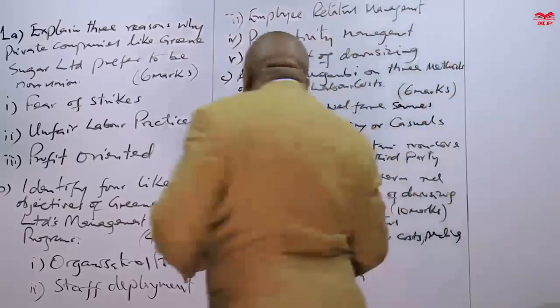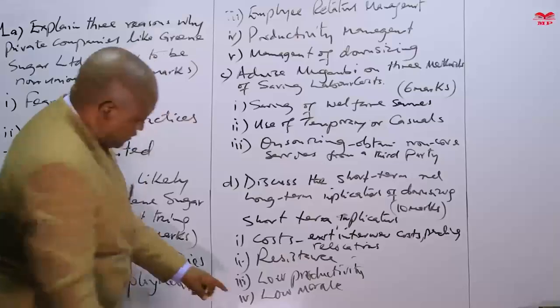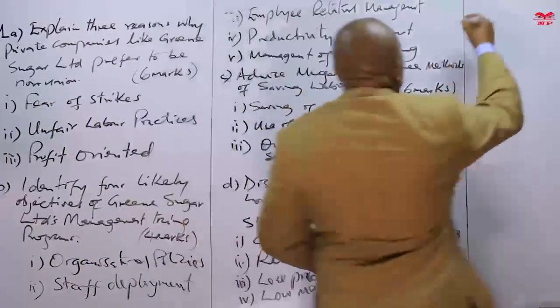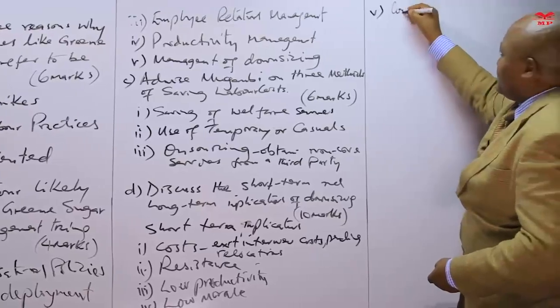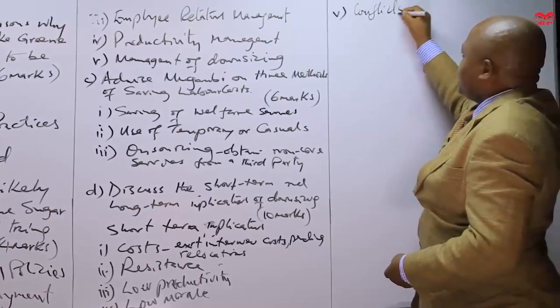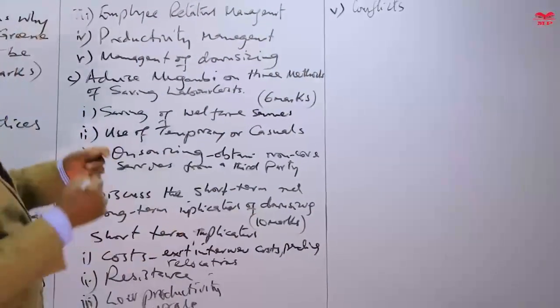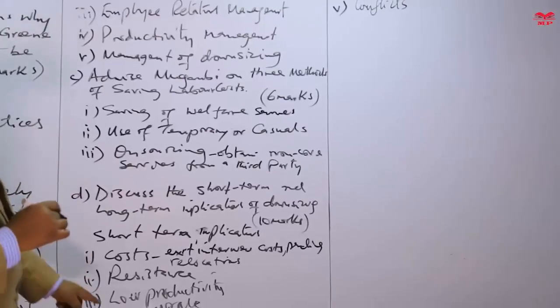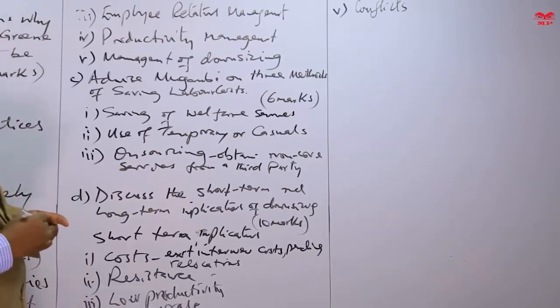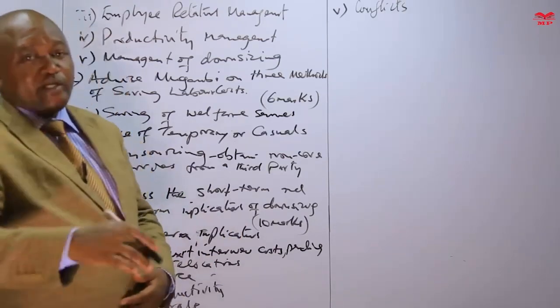Then fifthly, we can take number 5 here. An organization can have a problem in conflicts. These conflicts may occur because once one worker leaves, you are supposed to reorganize the working environment, and workers may be at a loss as to who now takes over the responsibilities of that worker who has left.